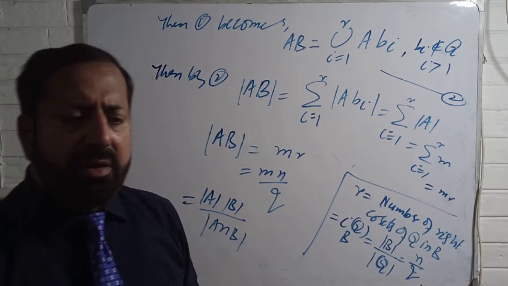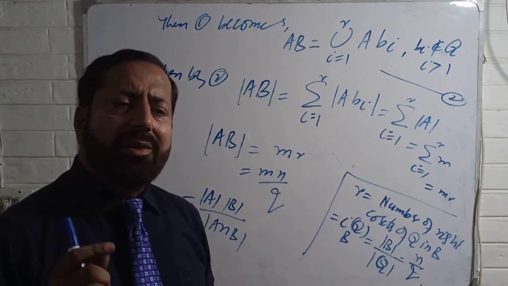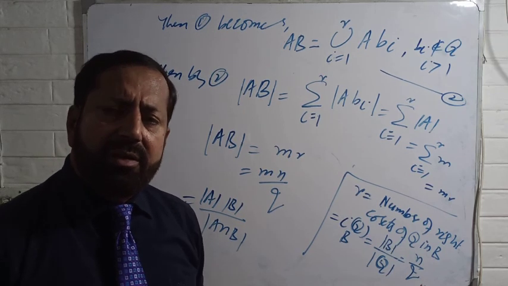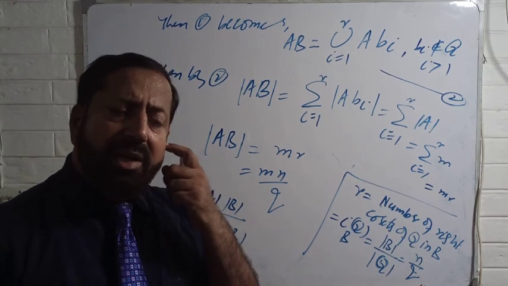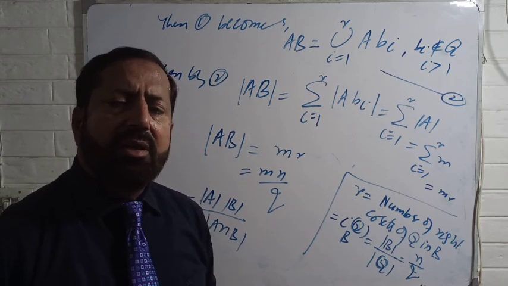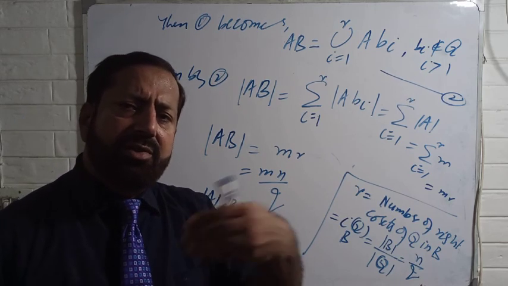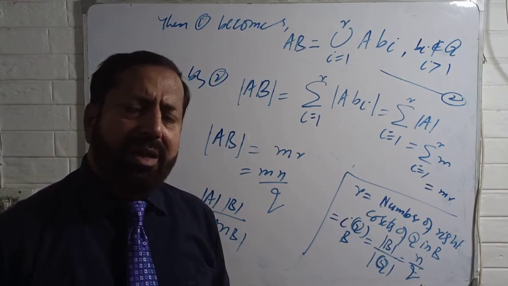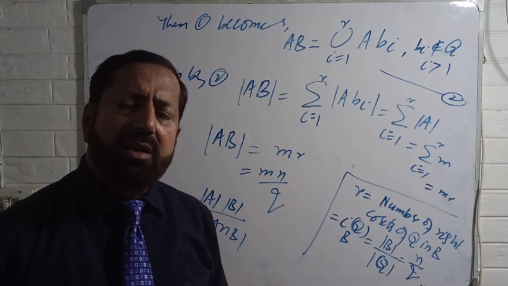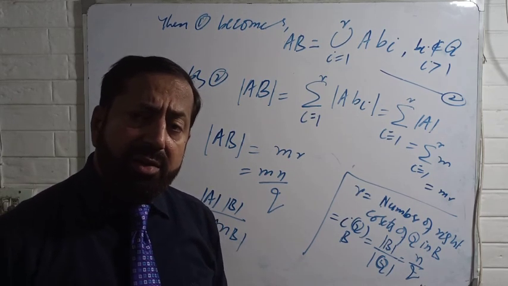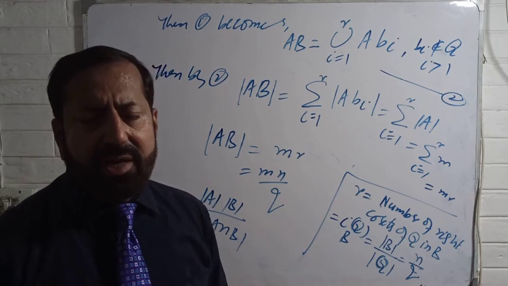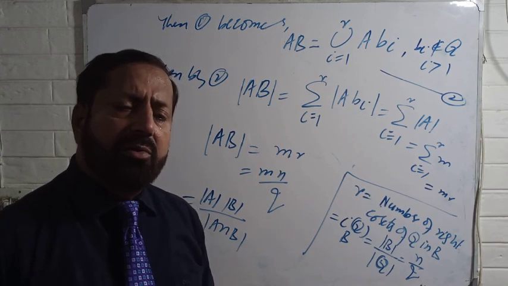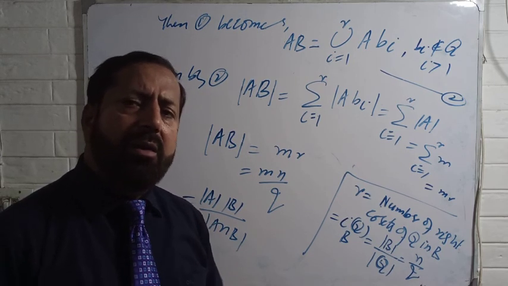Then you claim that QB1, QB2 and so on up to QBR are all different cosets, because the BIs are not in Q, due to their distinct cosets. B1, which was E, is the only element which is in Q, and all other BIs are not in Q. Since all BIs are not in Q, they are not in A as well. That's why the cosets of Q in A by the BIs are all distinct.